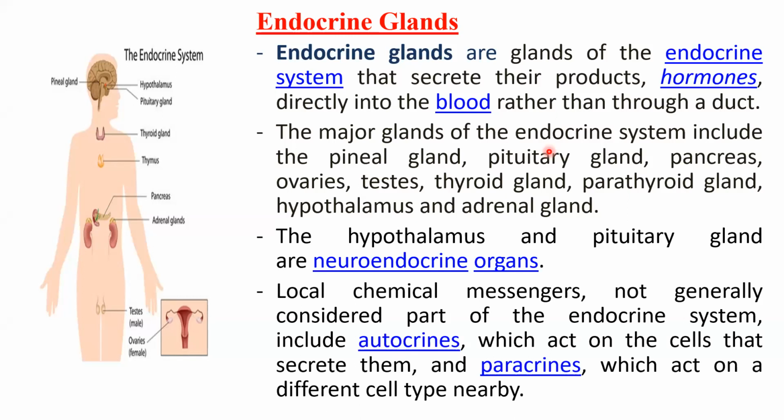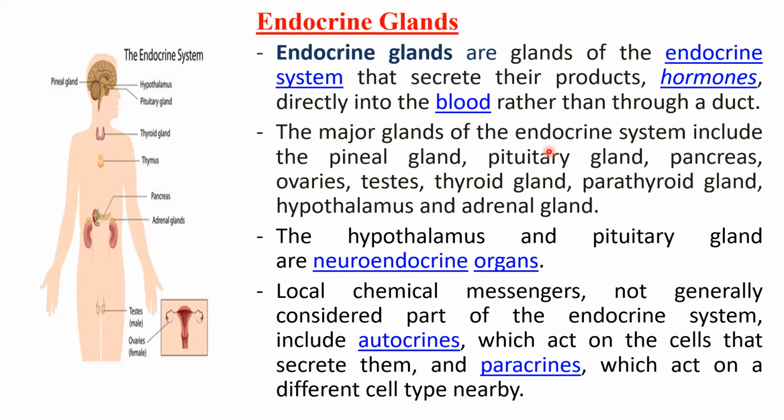Then local chemical messengers, not generally considered part of the endocrine system, include the autocrines, which act on the cells that secrete them, and paracrines, which act on a different cell type nearby. So there are different chemical messengers that are not generally considered part of the endocrine system.